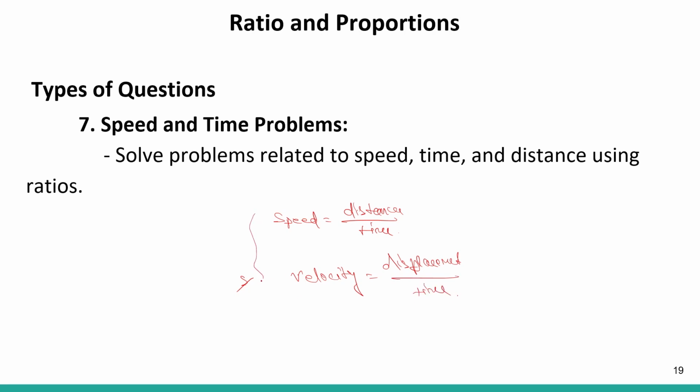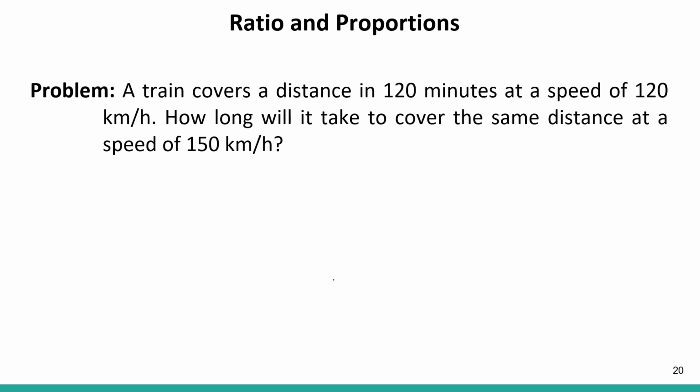These two formulas are very important and they will be used in various parts. There will be numerous problems based on these formulas. So let's see a problem on it.